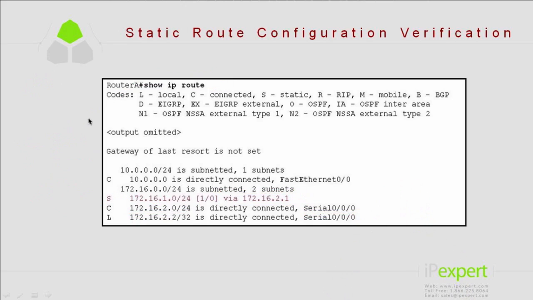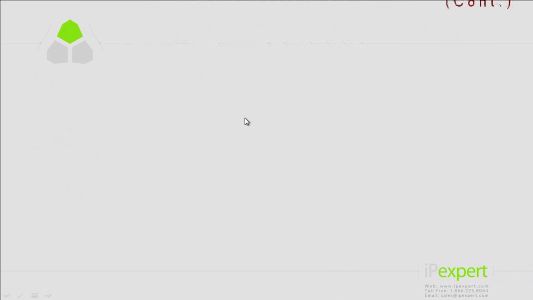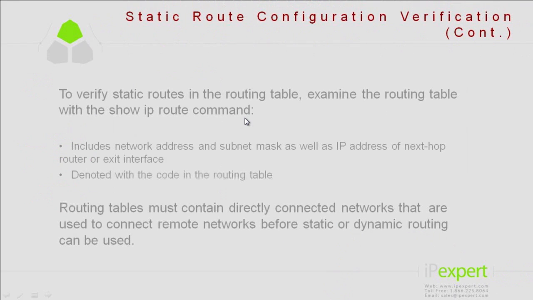Now, stepping into understanding how it happens with regard to verification, other options that we have are going to be doing things like pinging to see if we have actual reachability. And we also want to be able to examine the contents of that routing table that we looked at.